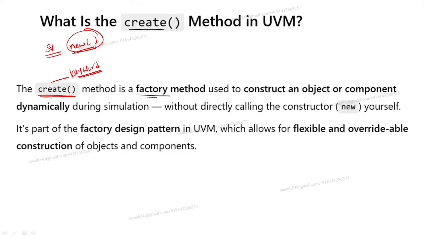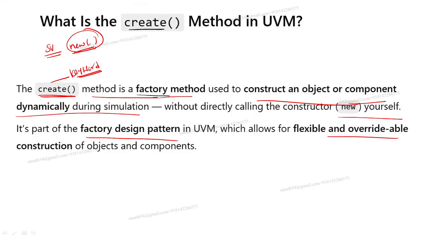The create method is a factory method used to construct an object or component dynamically during simulation, without directly calling the constructor new yourself. It is part of the factory pattern, which allows flexible and overridable construction.